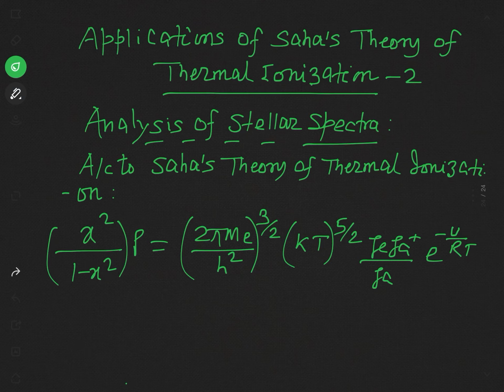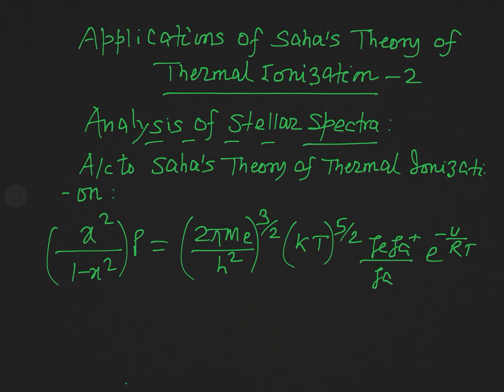We know from Saha's theory of thermal ionization that x square over 1 minus x square P equals 2 pi m_e over h square whole to the power 3 by 2 (kT) to the power 5 by 2 times G_a plus over G_a times e to the power minus U over kT.